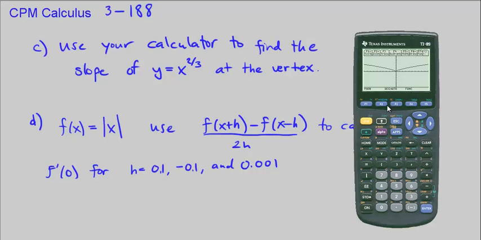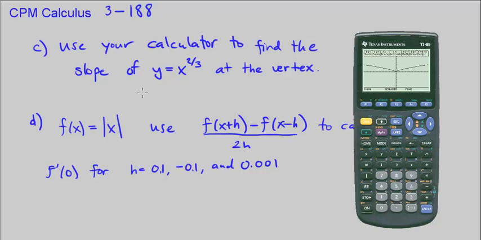Then let's find the derivative using our calculator, to find the slope of this function at the vertex. F5 will allow us to do the math. Let's go down to derivatives, dy dx at 0. At x equals 0, what is my derivative? No solution found. Yay, escape.